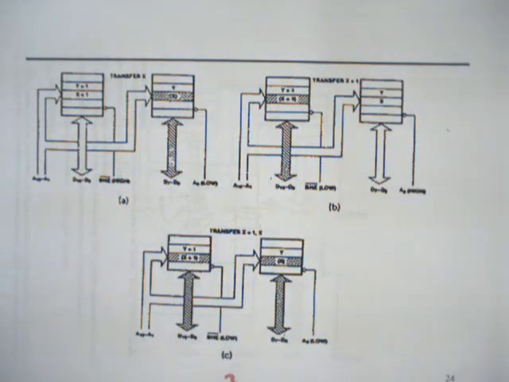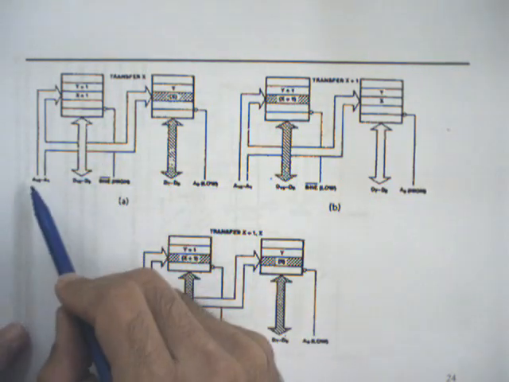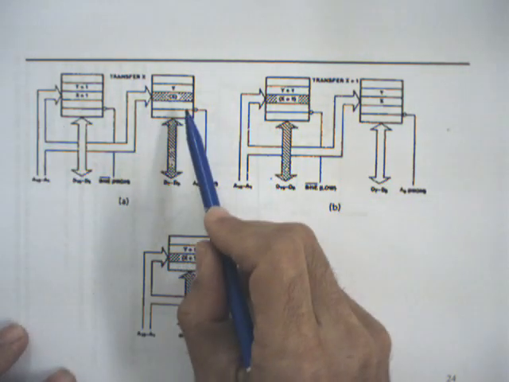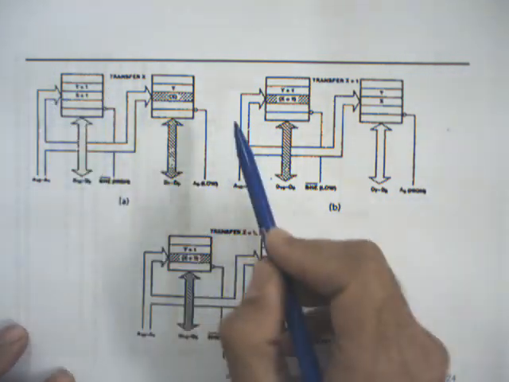Slide 24 is again transferring some information. So let's try to analyze the figure. We do have this time 2 chips.